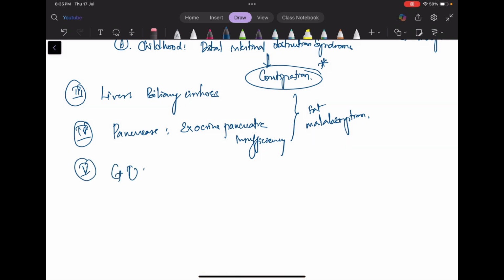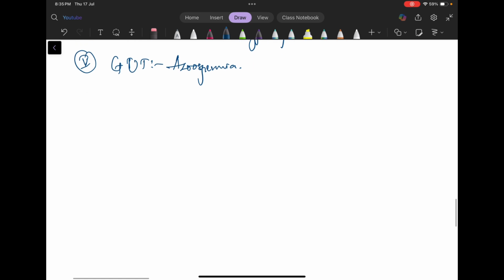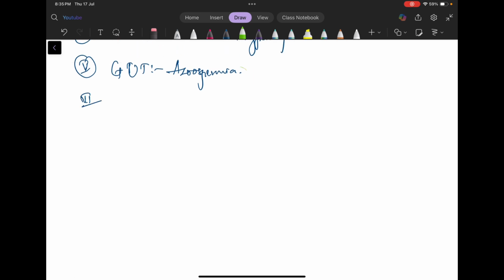Coming to the genitourinary tract, just remember azoospermia. Tell me what the meaning of azoospermia is in the comment section. We'll study this in our OBG section, infertility chapter. Comment those who know the answer. Then at last, coming to the starting point, sweat glands.